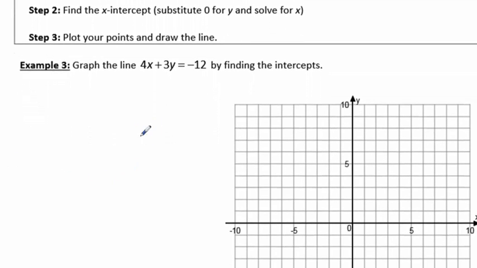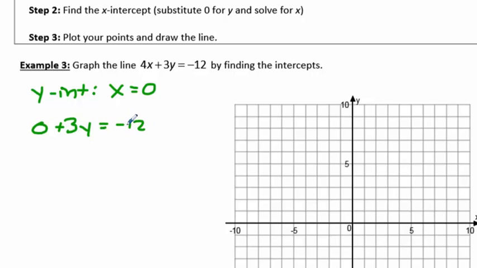So let's look at the equation 4x plus 3y equals 12 and we'll find the intercepts. First we're going to find the y-intercept. So if I want to find the y-intercept, we're going to plug in x equals 0. So in the equation, if you have 4 times 0, that's 0, plus 3y equals -12.